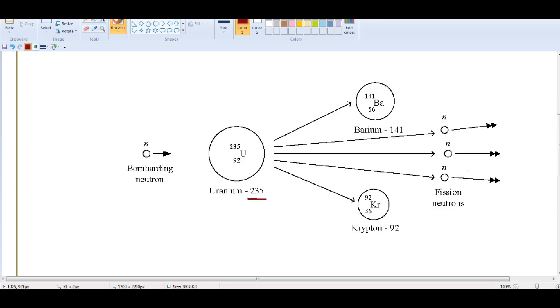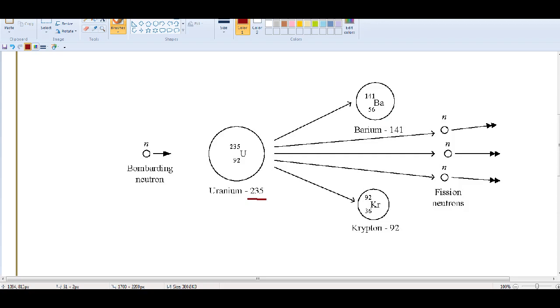Nucleons means protons or neutrons. And you have a bombarding neutron. This neutron is going to hit the uranium. When it is captured by the uranium, then the uranium will be split up into two similar size daughter nuclei.